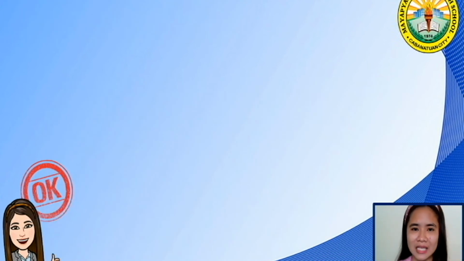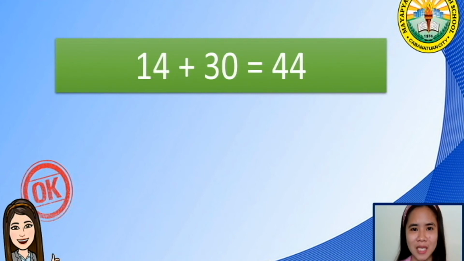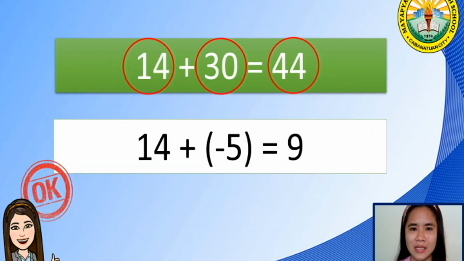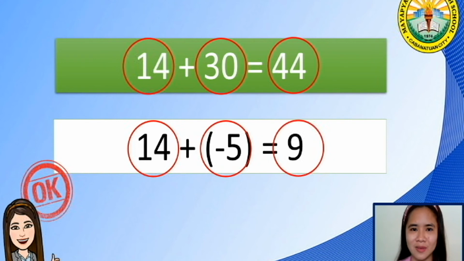Let us have an example. 14 plus 30 is equal to 44. 14 and 30 are both integers. Therefore, if we add both integers, the answer is also an integer. Same goes with 14 plus negative 5 is equal to 9. Both 14 and negative 5 are integers. Therefore, the answer is also an integer.